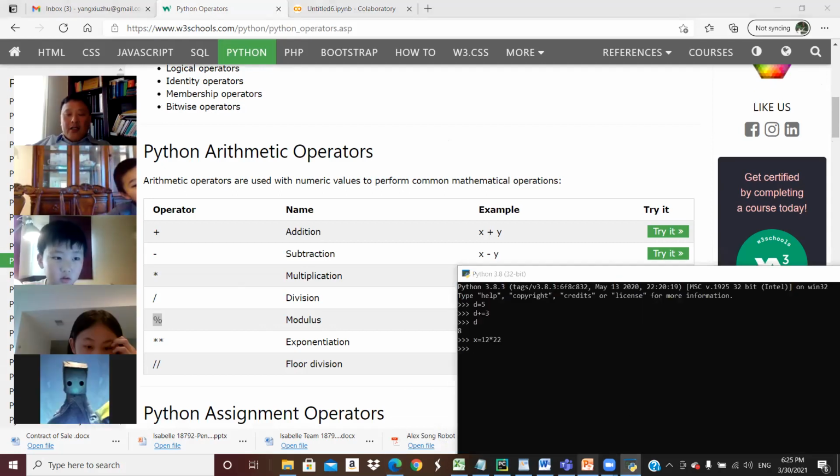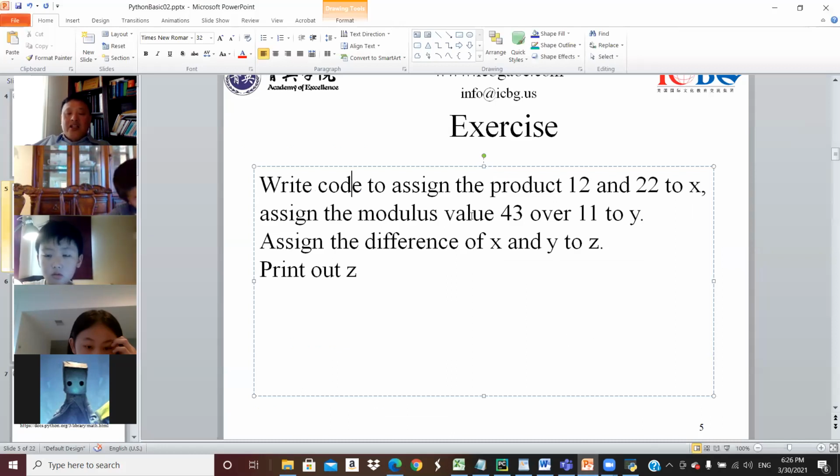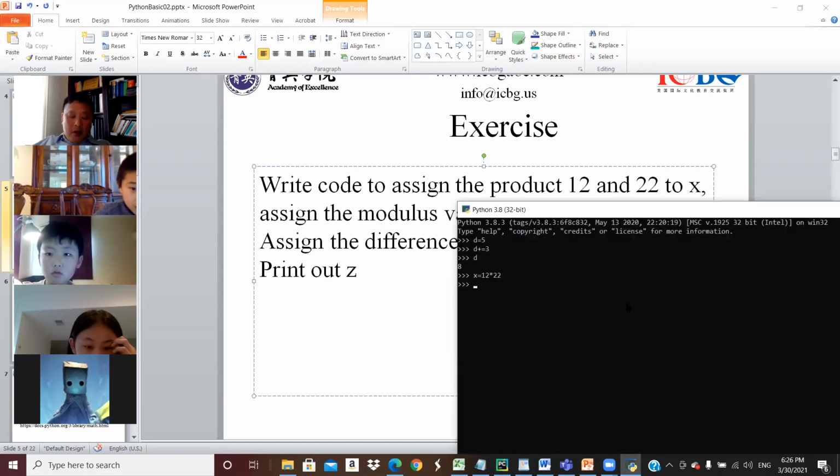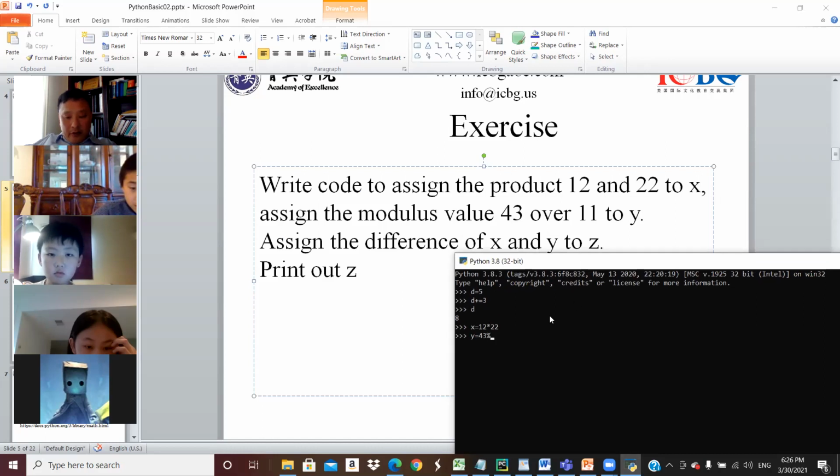What I asked you to do is assign the modulus value 43 over 11 to y. How to do that? y equals 43 modulus 11, right? So that's what I do. And then I assign the difference of x and y to z. So that means z equals x minus y.